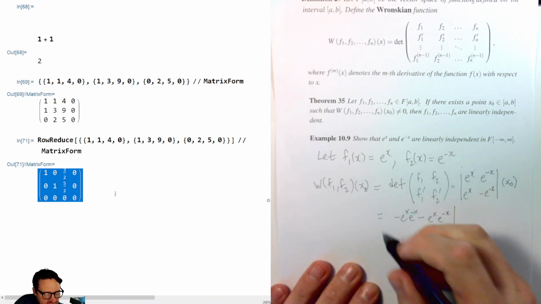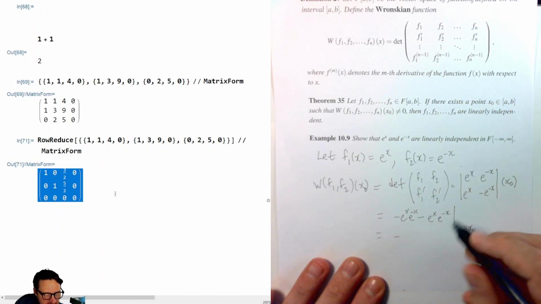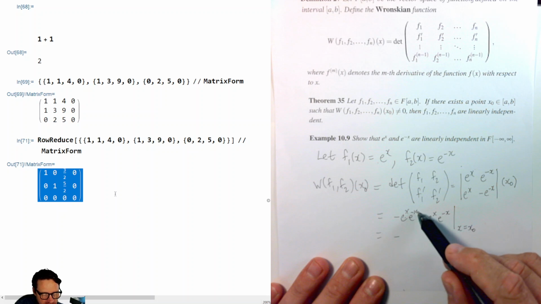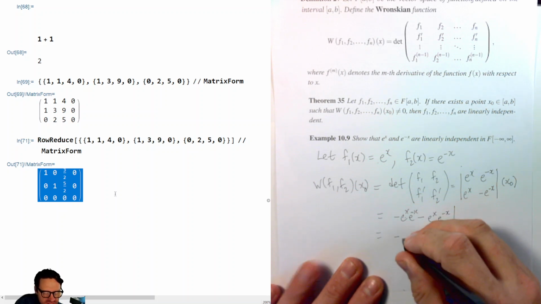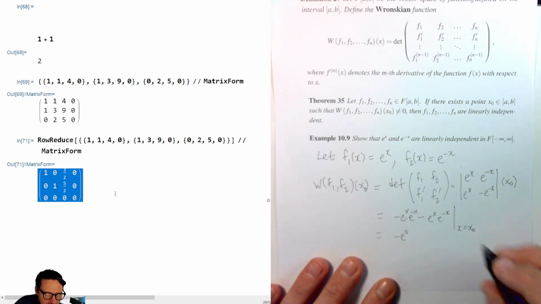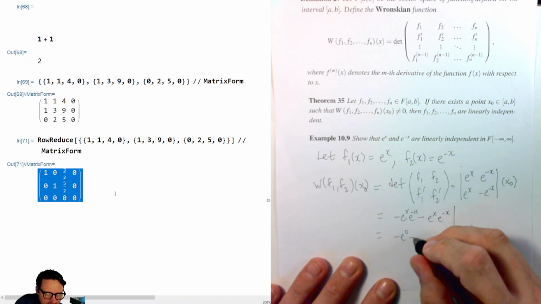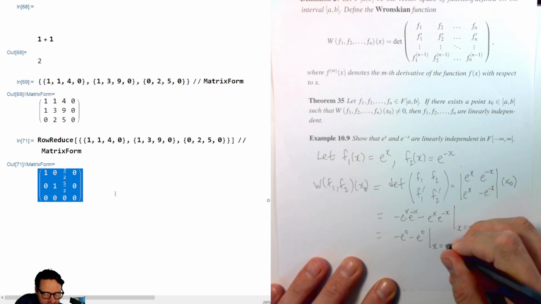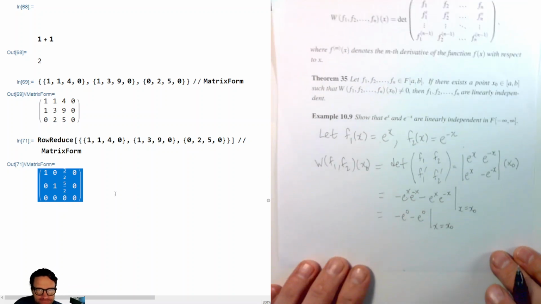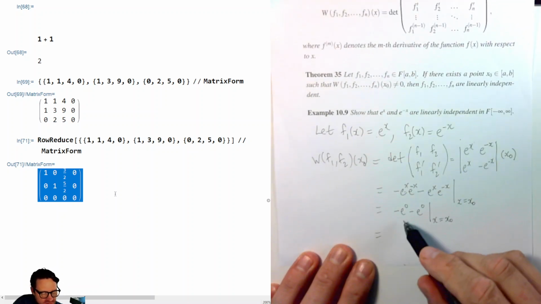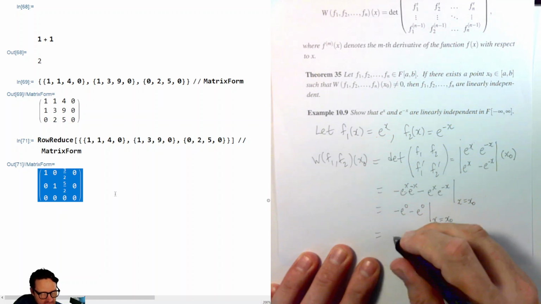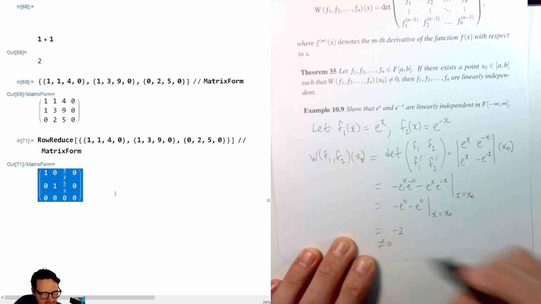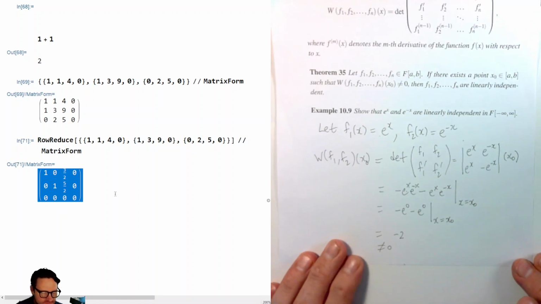Okay, let's simplify this. So we have minus, now the product of these is e to the sum of x and minus x, which is 0, so e to the 0. And then again, minus e to the 0, evaluated at x equals x0. So this is minus 1, so minus 2. And notice this is not equal to 0, so what can we conclude?